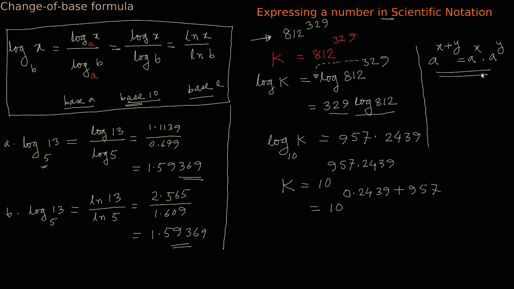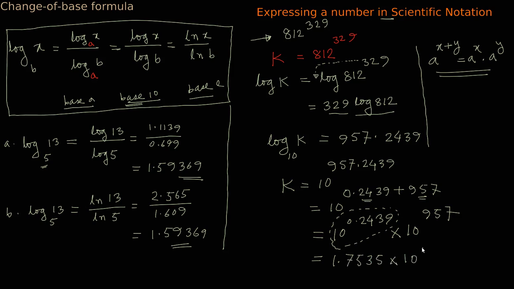Similarly, here I have 10 power x plus y, so I can write 10 power x, which is 0.2439, multiplied by 10 power y, which is 957. Now if I punch the calculator to find 10 power 0.2439, I find it is 1.7535 multiplied by 10 power 957.